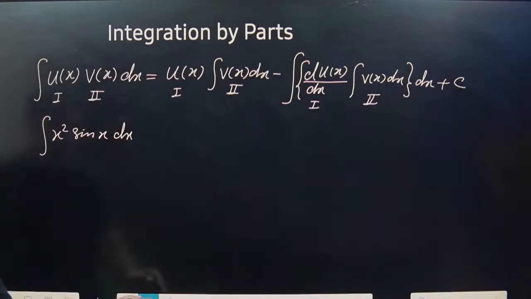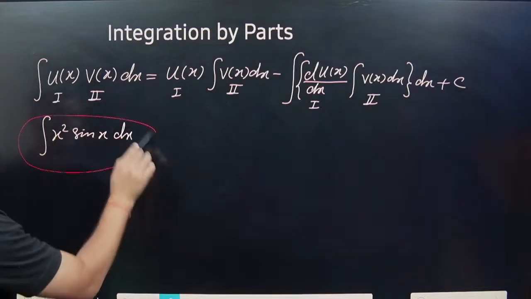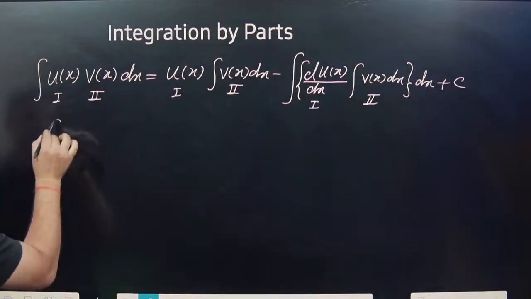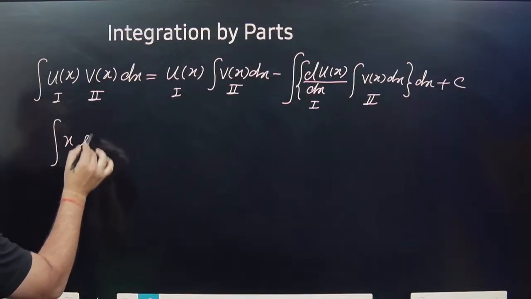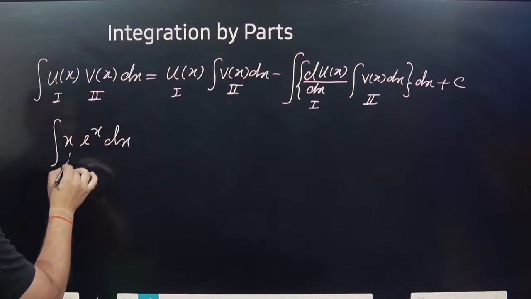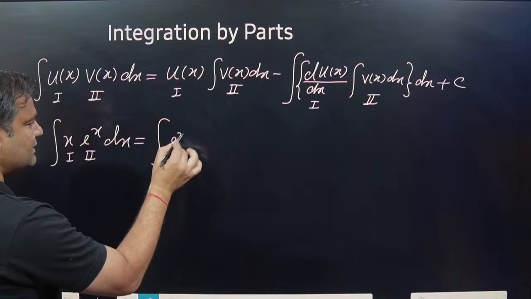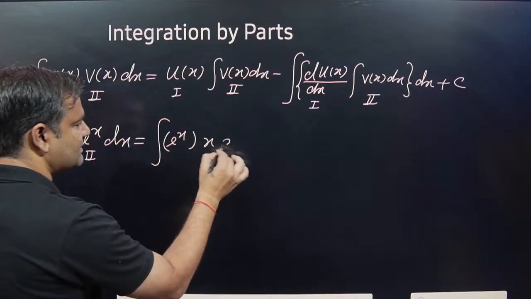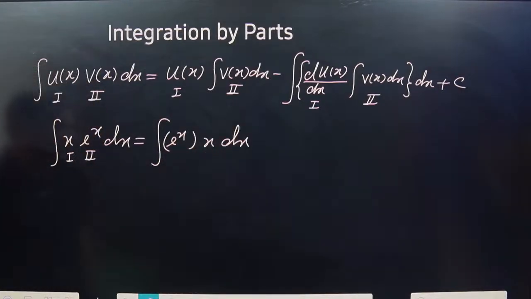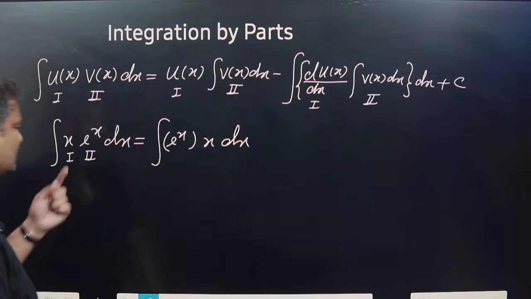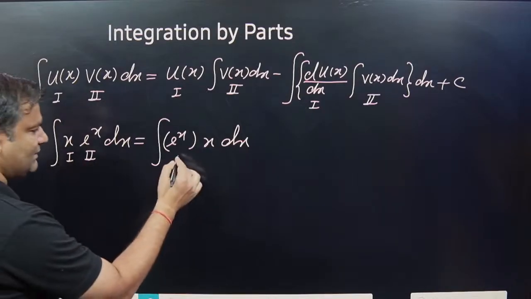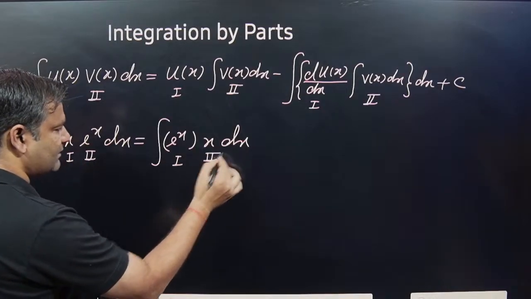Wait, I will focus on the previous question first. Someone says, sir, why did you take this one as the first function and this one as the second? I have taken e to power x as the first function and x as the second function. Someone says, sir, why is this one taken first? I will take this as the first function and this one as the second function.